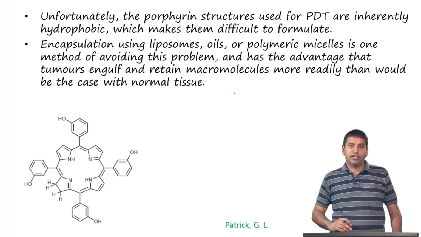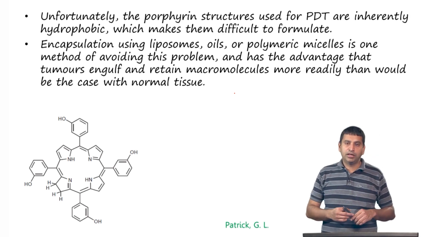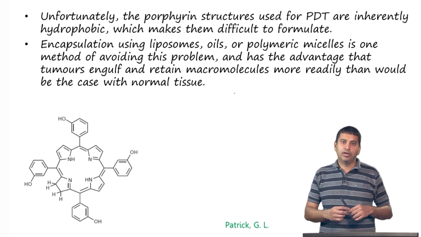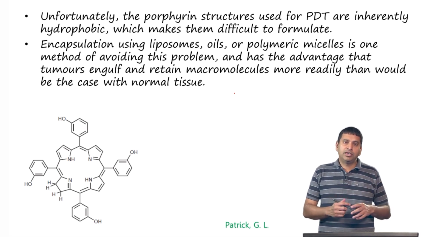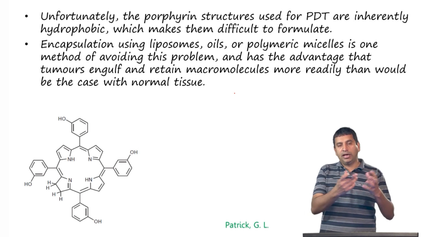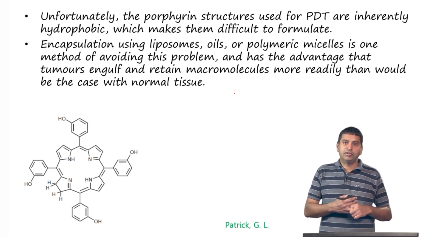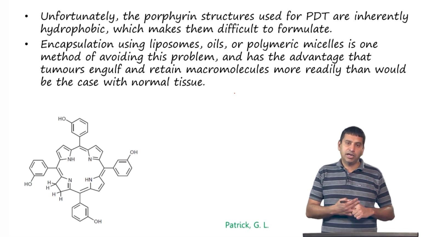Unfortunately, the problem with porphyrin structures is that they are inherently hydrophobic, which makes them very difficult to formulate. So, liposomes or oils or polymeric micelles are used to solubilize these molecules and make them water soluble. This also has an advantage, because tumors are known to have an enhanced permeation and retention effect.